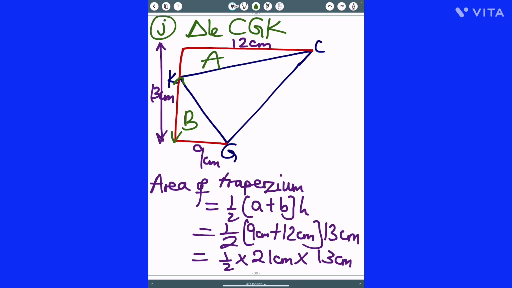So let me go ahead and draw that out. Triangle B is 9, 9. This is triangle B. 9, 9 centimeters. Then triangle A is what? 12. Then 4 centimeters. Triangle A is 12 by 4.